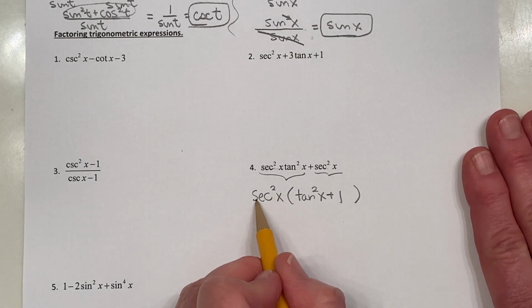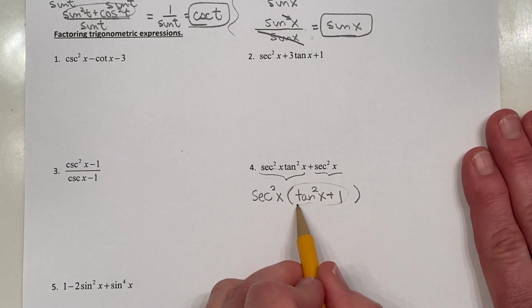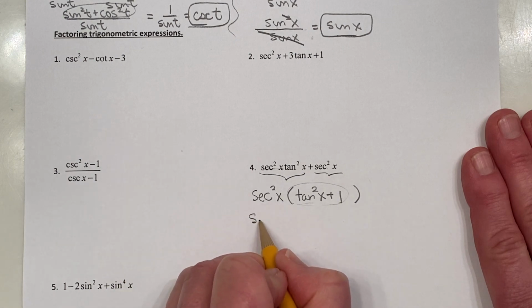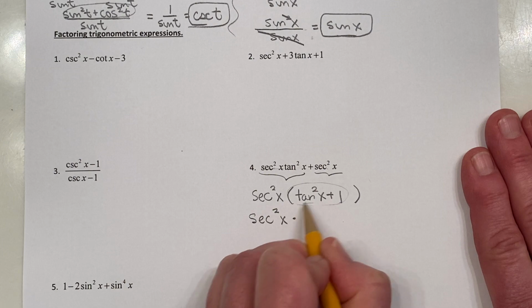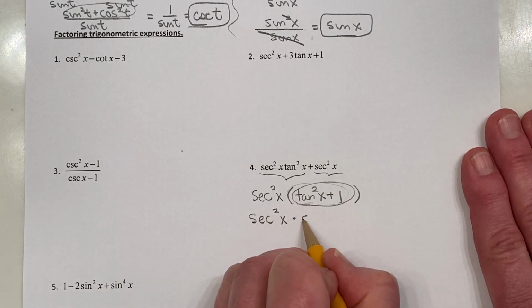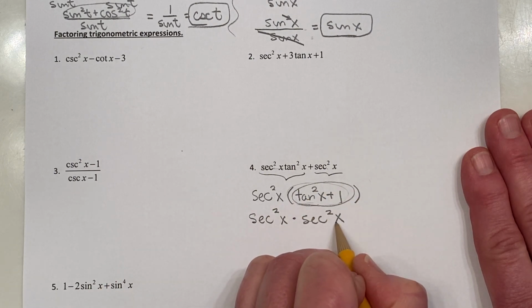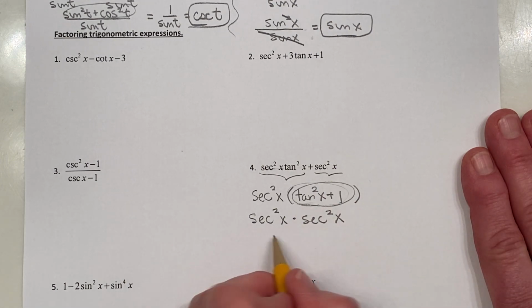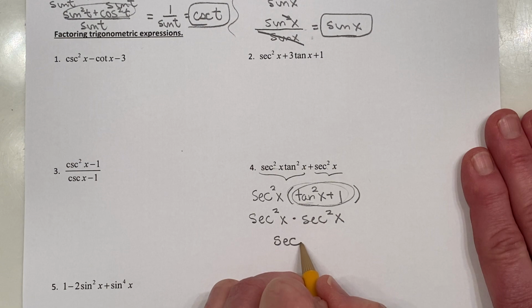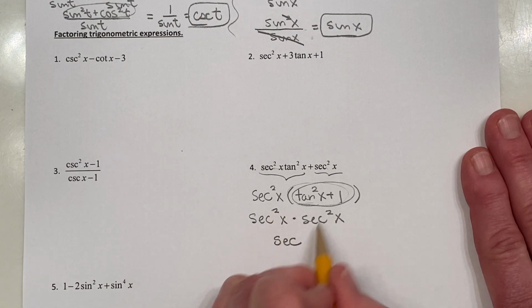I don't see that I can simplify this, but what about one of the Pythagorean properties? 1 plus tangent squared is equal to secant squared. So I'm going to replace this factor with secant squared x. That's on my formula sheet. Now I can multiply these two trig functions together because they're both secants and combine the exponents by adding them.